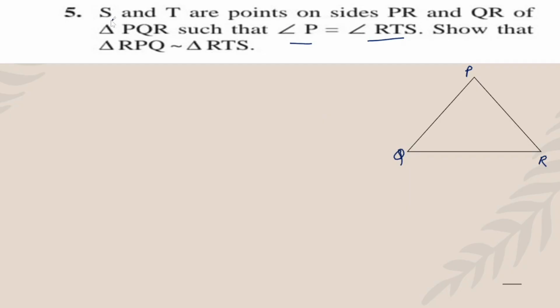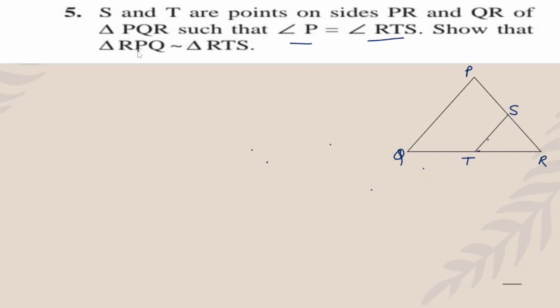So S is the point on PR. Suppose this is S. So S is the point on PR and T is the point on QR. Okay, so this is the figure.